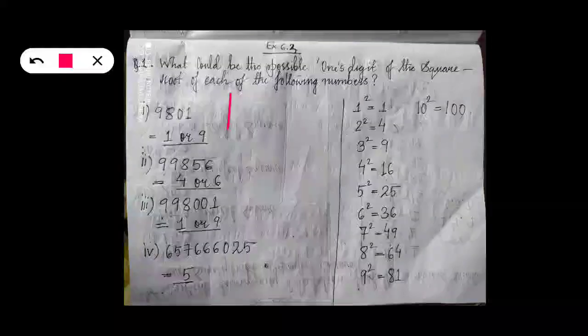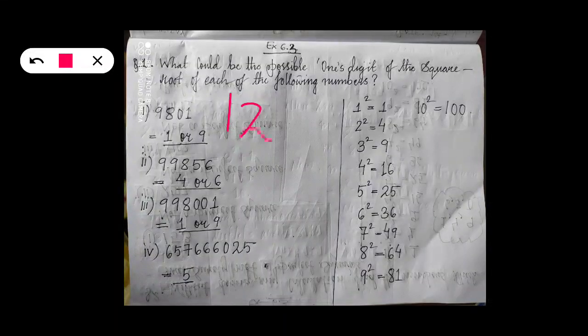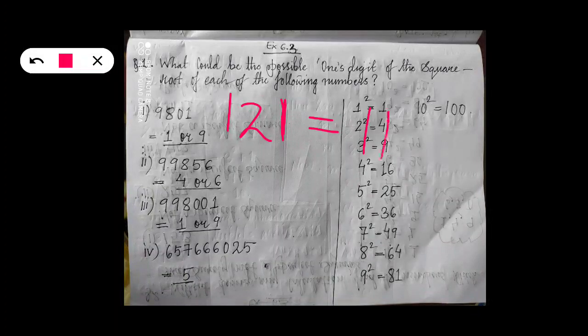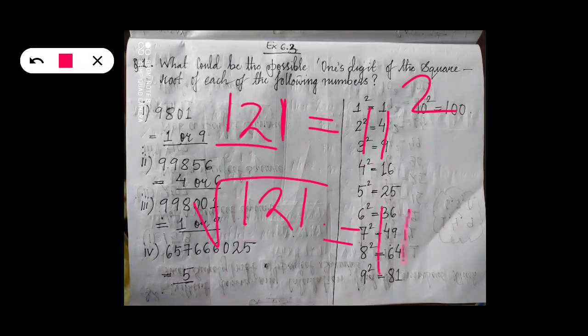Like 121 is the square of 11. When you do 11 into 11, you get 121, isn't it? And the square root of 121 is 11. This is related to each other.